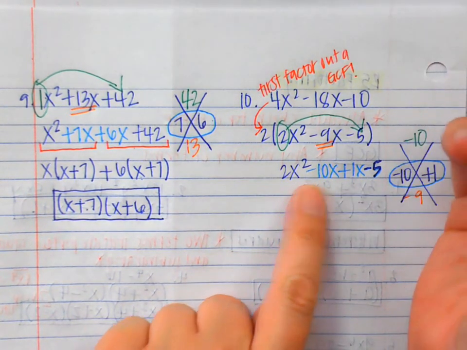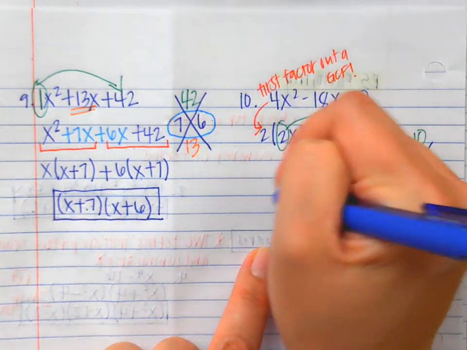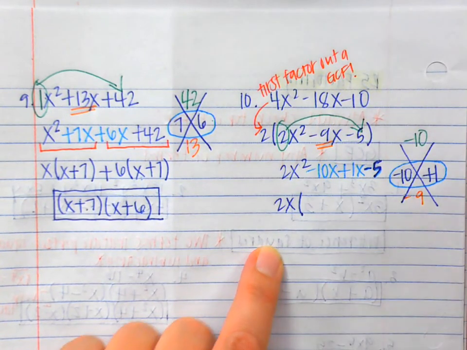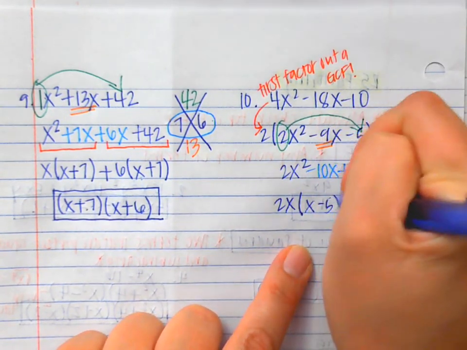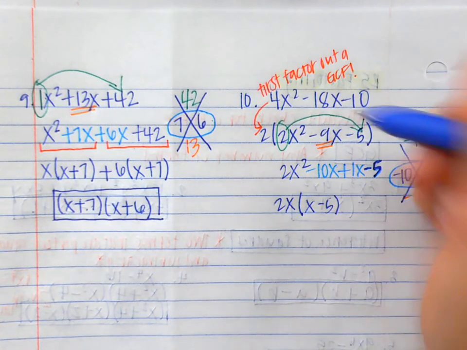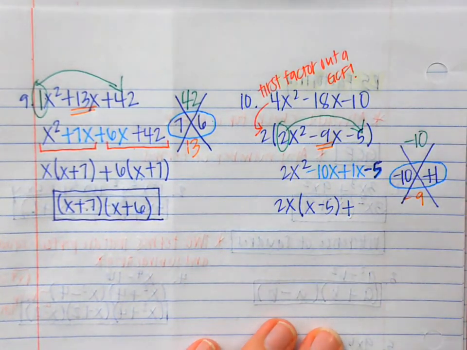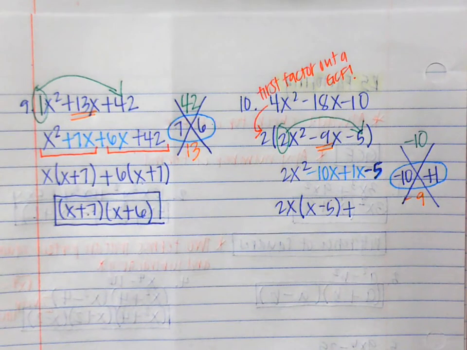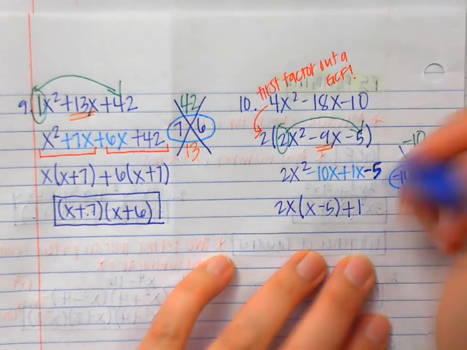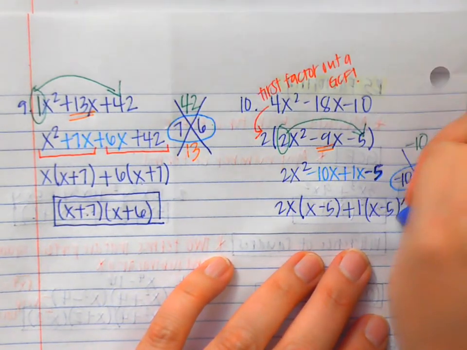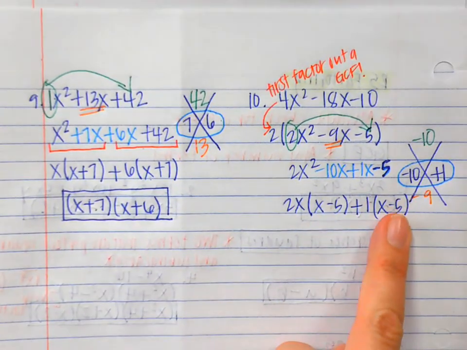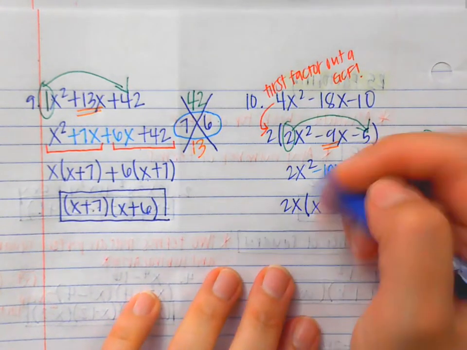So 2x squared minus 10x, I can factor out 2x, and I'm left with x minus 5. I always bring down my middle sign, plus 1x minus 5. There's no GCF. Remember, you can always factor out 1. And I'm left with x minus 5. Are these the same? Yes, that's what we wanted.